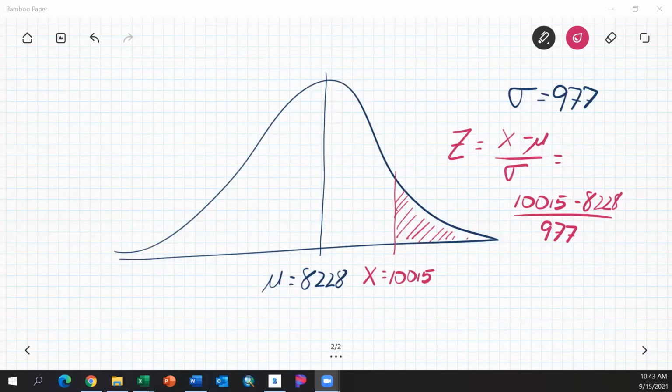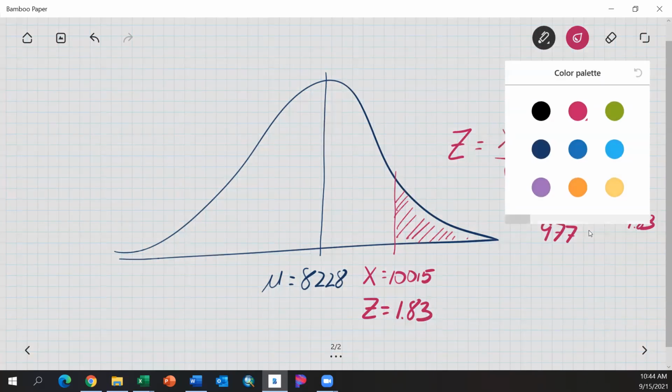Now that we know what the z value is, we can plot the z-values that we know. The z-score associated with 10,015 is 1.83. The z-score associated with the mean is 0.